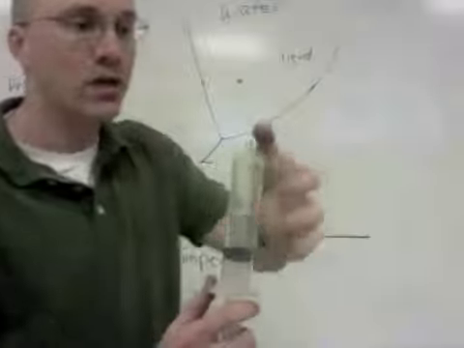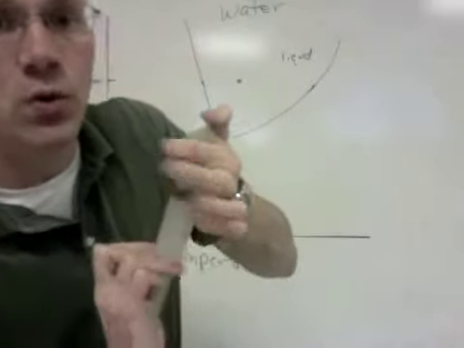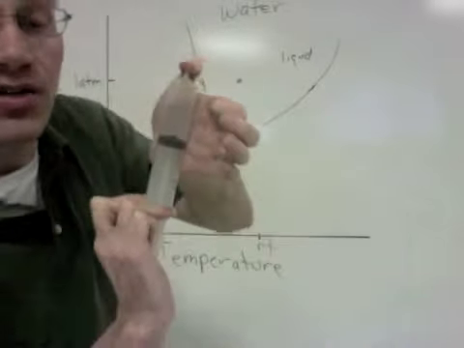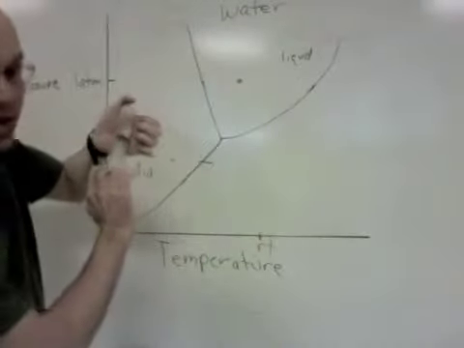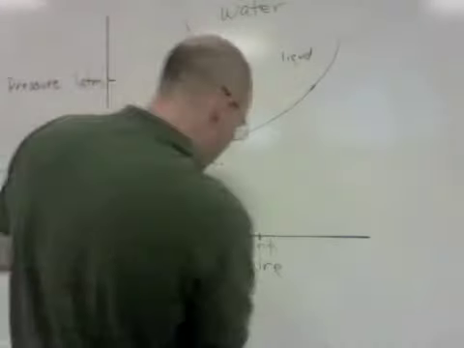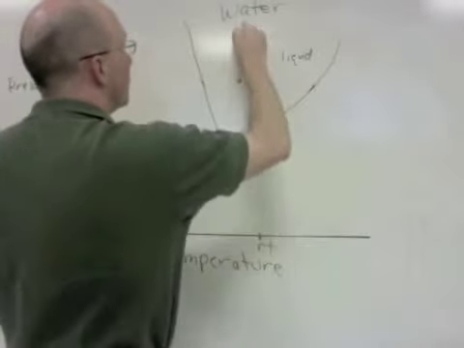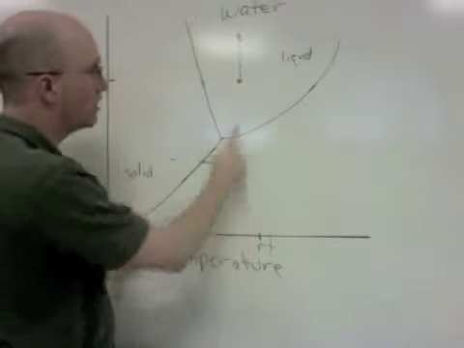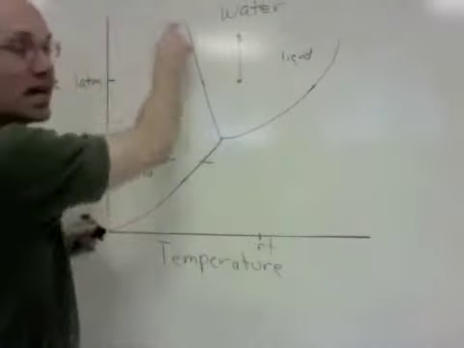So what am I going to do here? I'm going to put my thumb over the top, and I'm going to squeeze it, and what that does is that increases the pressure over top of that liquid. So where is the water now, according to this phase diagram? I can feel it, there's no increase in the temperature. But what you've done is the water has now gone from room temperature to this point right here, where the only thing that's changed is that it's at a higher pressure.